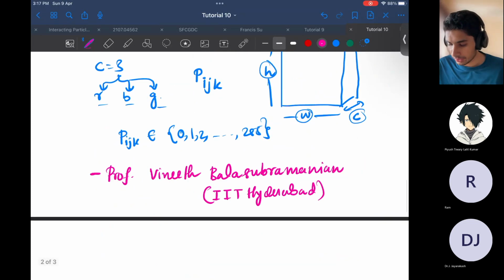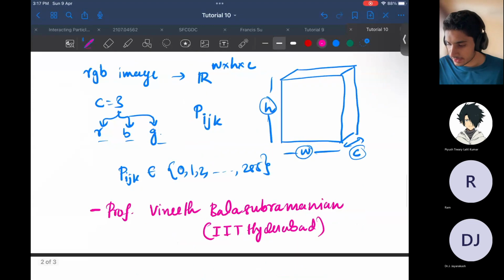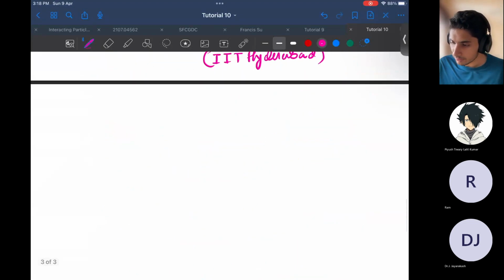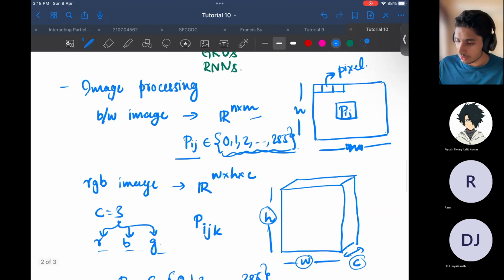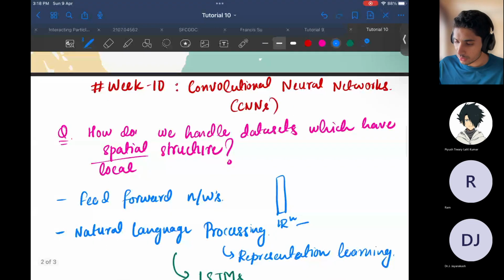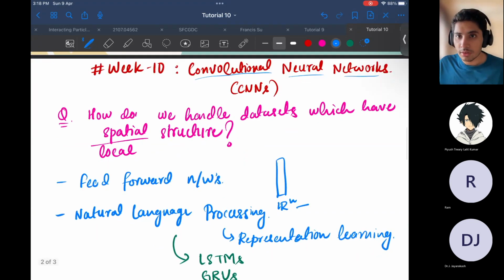All right. Having said that, the next question we would like to ask ourselves is why we need to go towards something like convolutional neural networks.